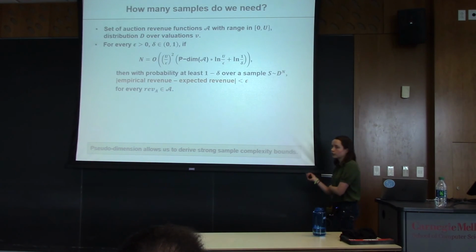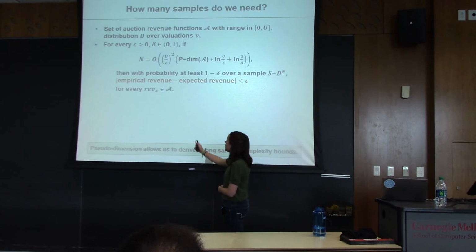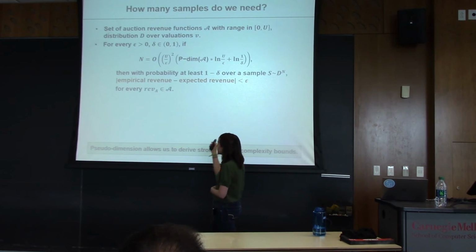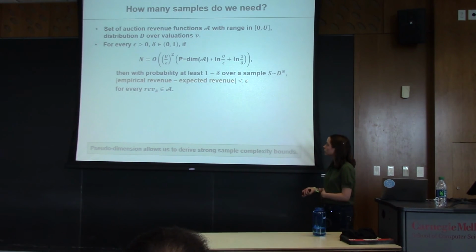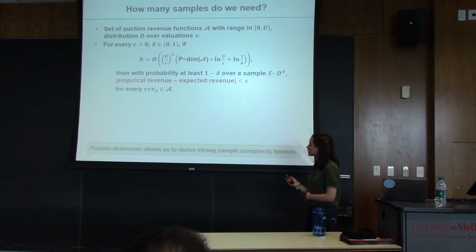It gives us great sample complexity bounds. For example, I need at most this many samples to ensure that expected revenue and empirical revenue are within epsilon of each other for every revenue function in the class.